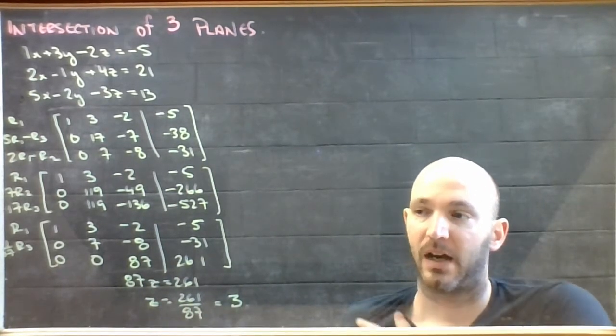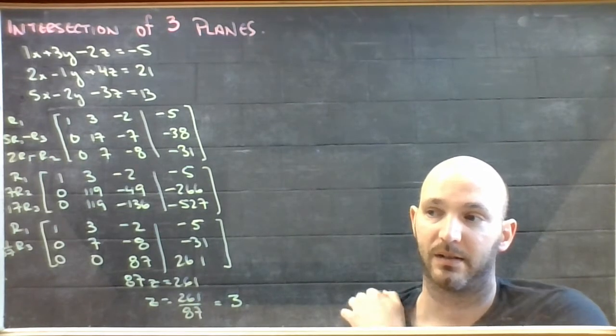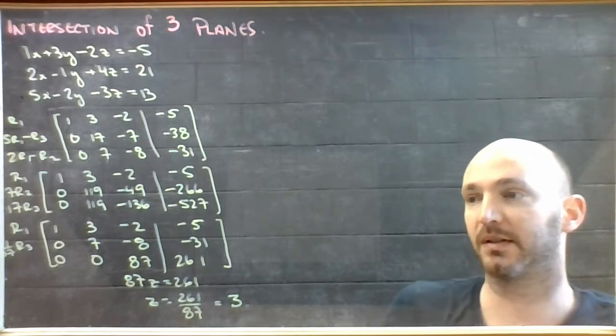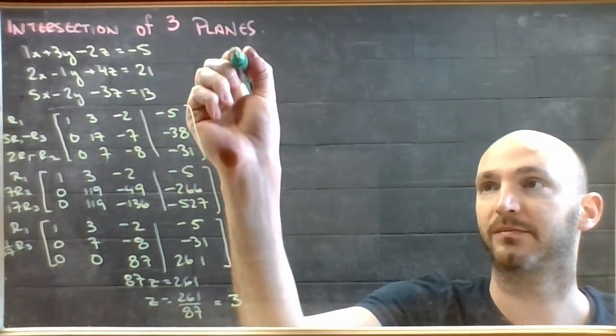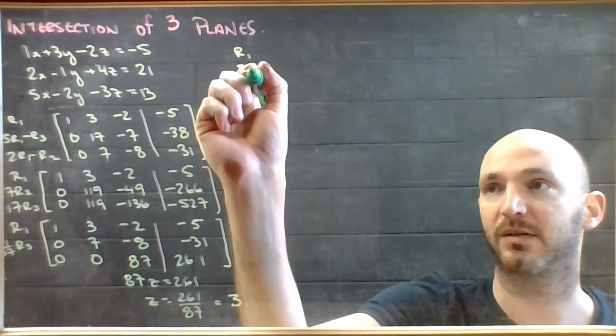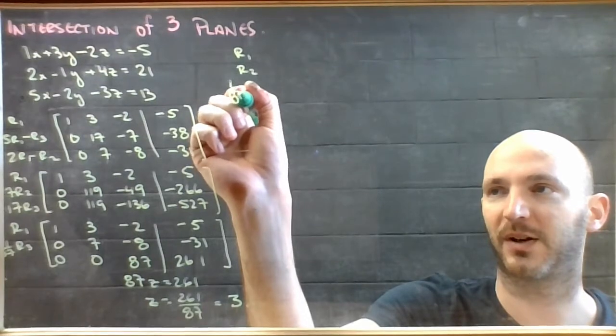So I could go back and use Gauss-Jordan elimination to eradicate the rest of these numbers. So I'm going to do that. I'm going to keep R1. I'm going to keep R2. And then I'm going to have 1/87th of R3.